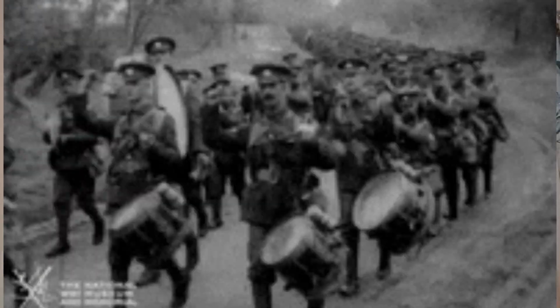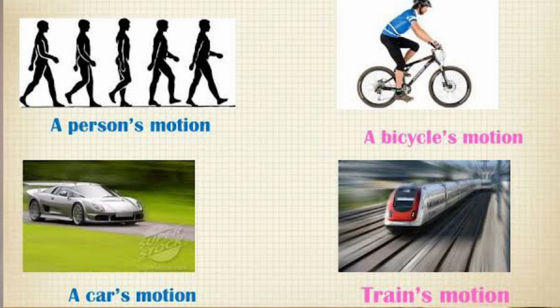So it is of two types. First is rectilinear, when the body is moving straight on the path, like soldiers marching on the road, or the car moving on a straight road. All the things that are moving straight are known as having rectilinear motion.